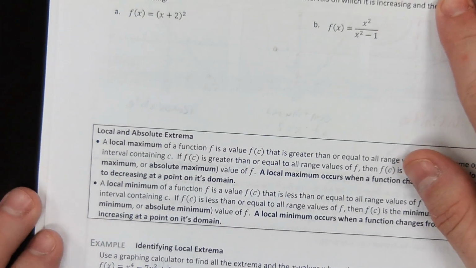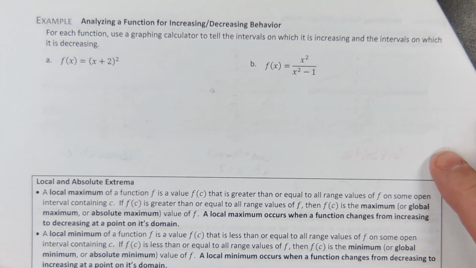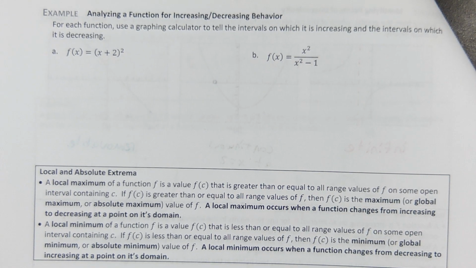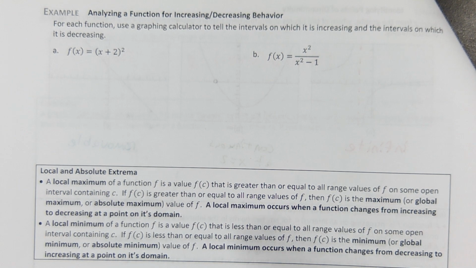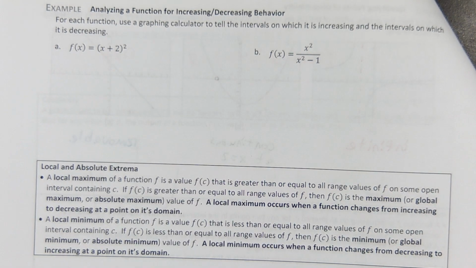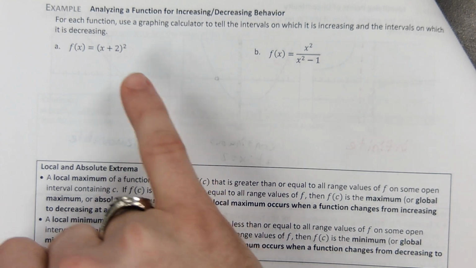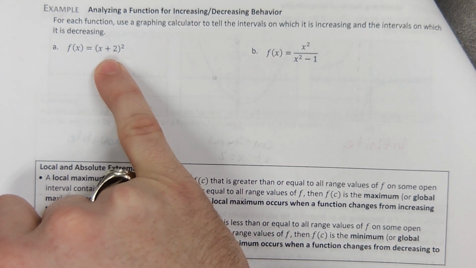Okay. For these two questions, what we've been tasked with doing is using a graphing calculator to figure out on which intervals we're increasing, decreasing, and possibly constant. Now, I would hope that you could graph this without a graphing calculator. I'm going to still, but I would hope that you know that it's a quadratic, a parabola.